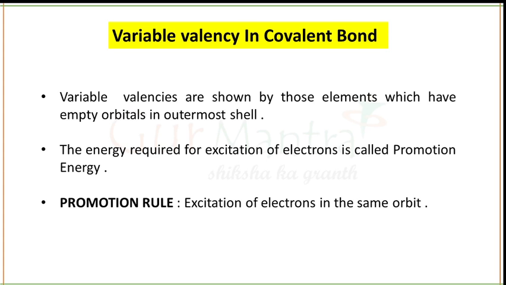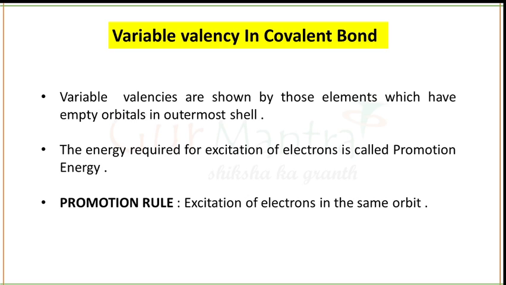Next is variable valency in covalent bonding. Variable valencies are always shown by those elements which have empty orbitals in their outermost shell. Now, valency is the number of unpaired electrons present in a particular atom, and covalency is the valency in which the electron of one orbital can jump from one orbital to another orbital.